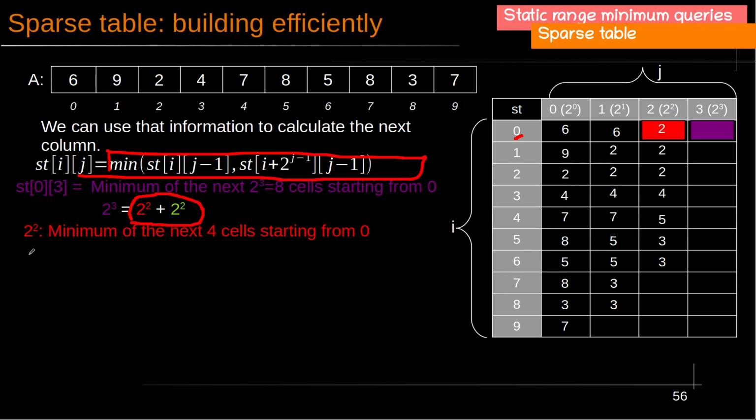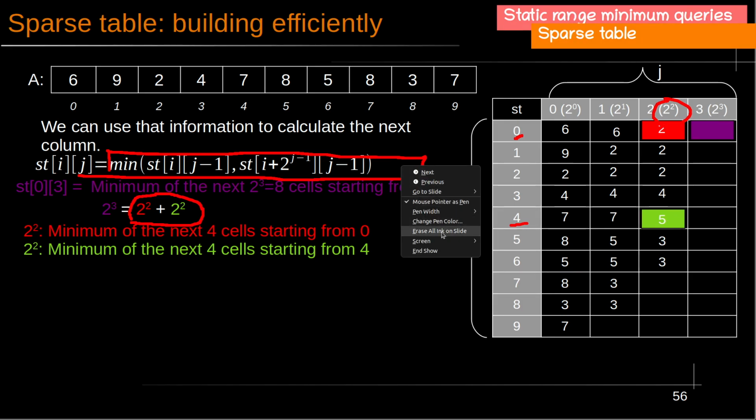So 2 power 2 is the minimum of the next 4 cells starting from 0, which is this value, this is 2. And 2 power 2 is the minimum of the next 4 cells starting from 4, this one. So this cell is the minimum between 2 and 5.